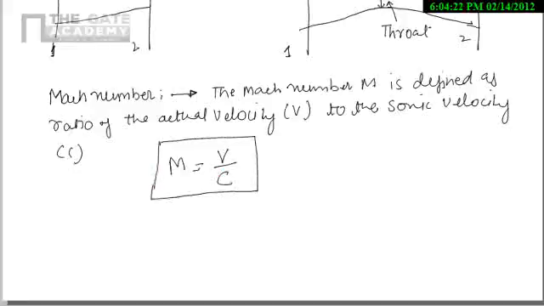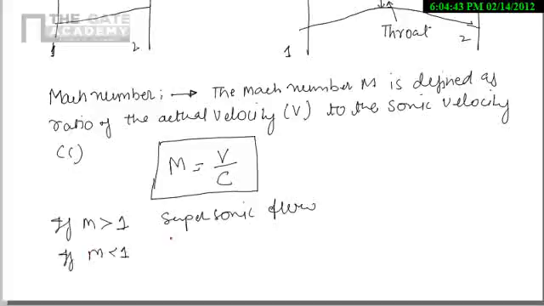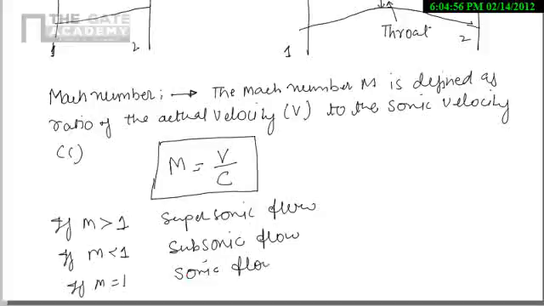This Mach number is very important here. For flow theory, if M is greater than 1, we call it supersonic flow. If M is less than 1, it is called subsonic flow. And if M equals 1, it is called sonic flow. So this is a typical definition of Mach number.